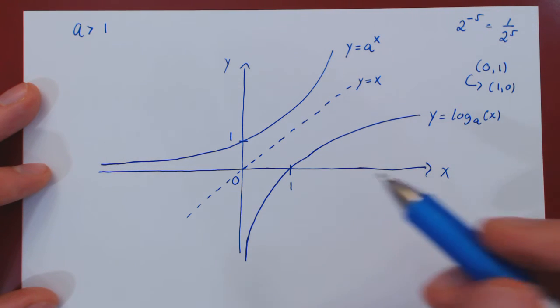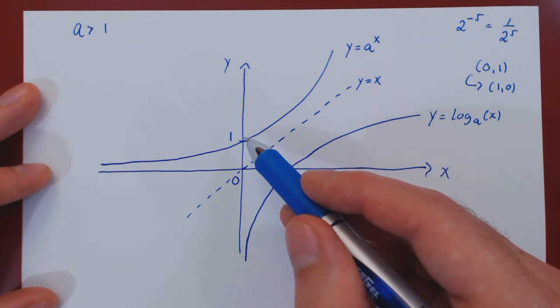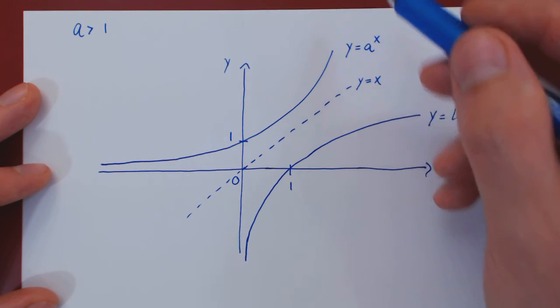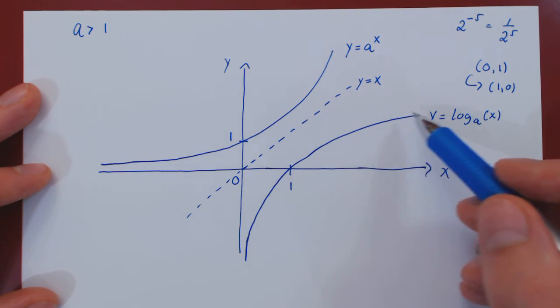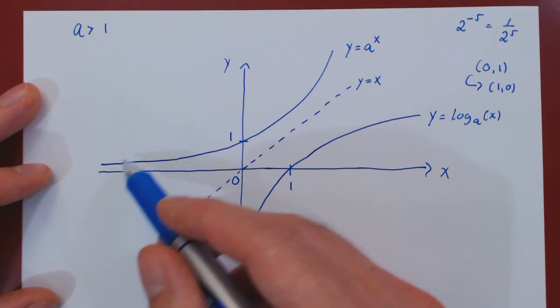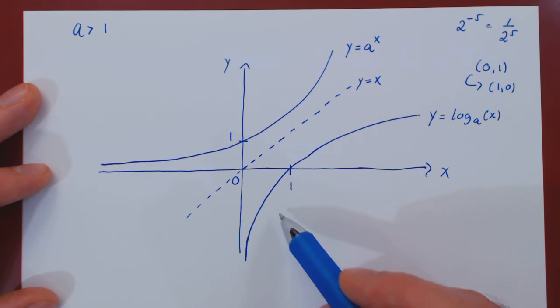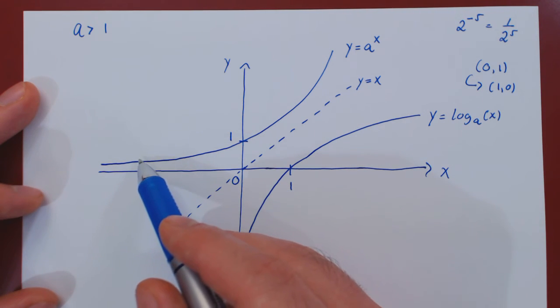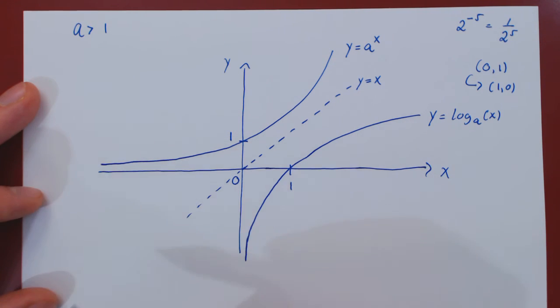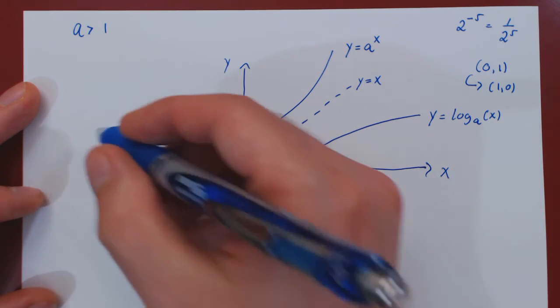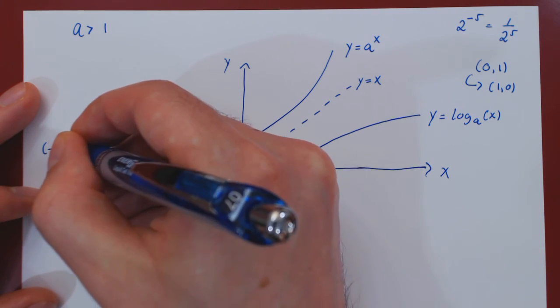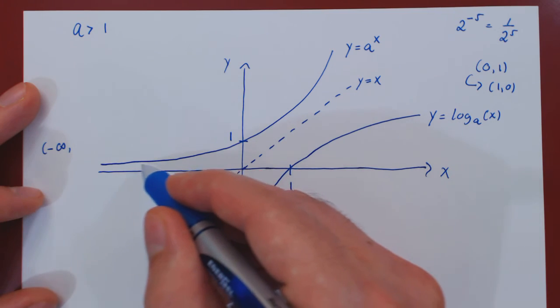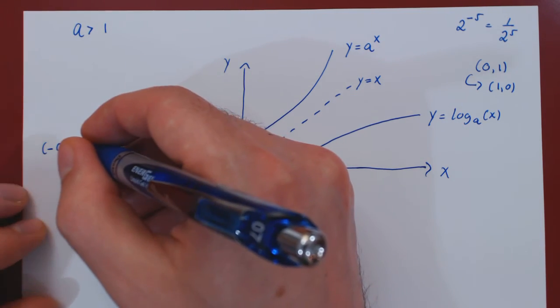And the two key features other than this point are, this goes to infinity, infinity, which if we flip will go to infinity, infinity. And if you're not sure about the behavior of the logarithmic function near x equals 0, think about what happens here in the limit. We let x tend to negative infinity, and the y values tend to 0 and always remain positive.